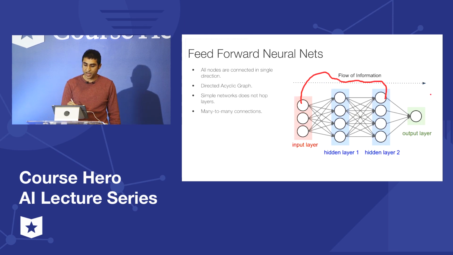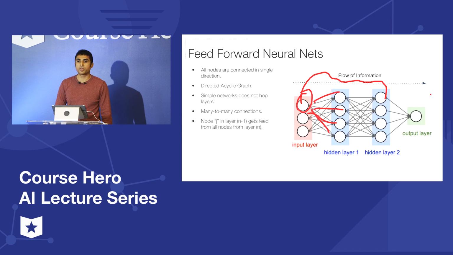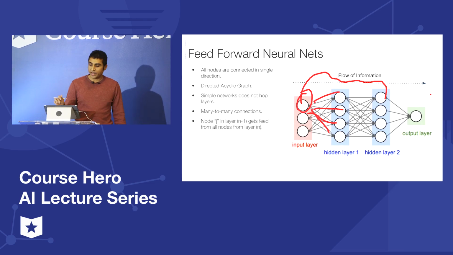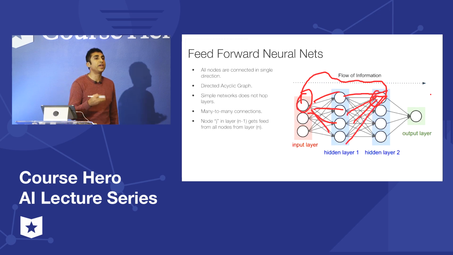In other words, you'll notice that each of these neurons is connected to every single neuron in the next layer. A neuron in one layer, let's say you have a neuron here, is connected to all neurons in the previous layer. So when you say many to many, that's the characteristic.